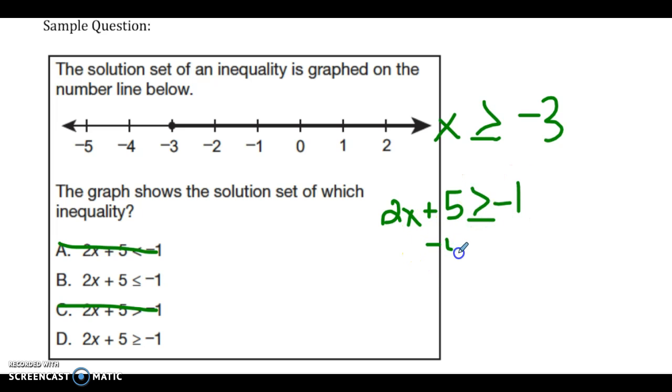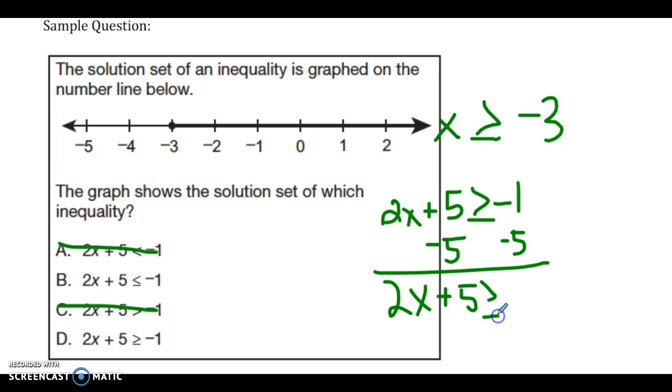If we subtract 5 from both sides, we're left with 2x is greater than or equal to -6. Oh, I'm sorry, that's not there anymore. And then we divide both sides by 2, and we get x is greater than or equal to -3. So we know it is this one right here.